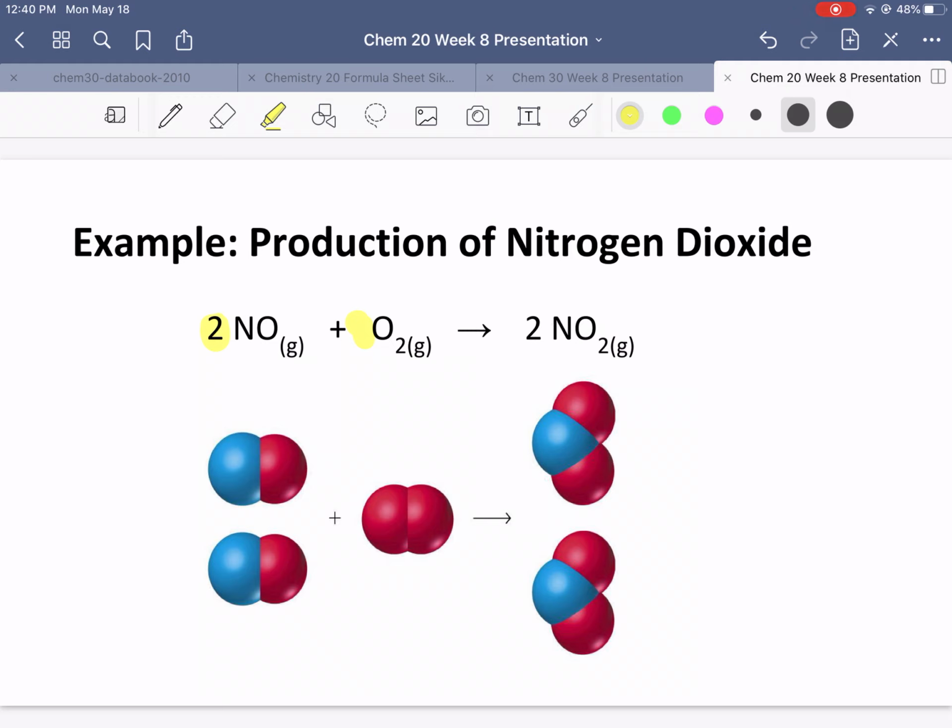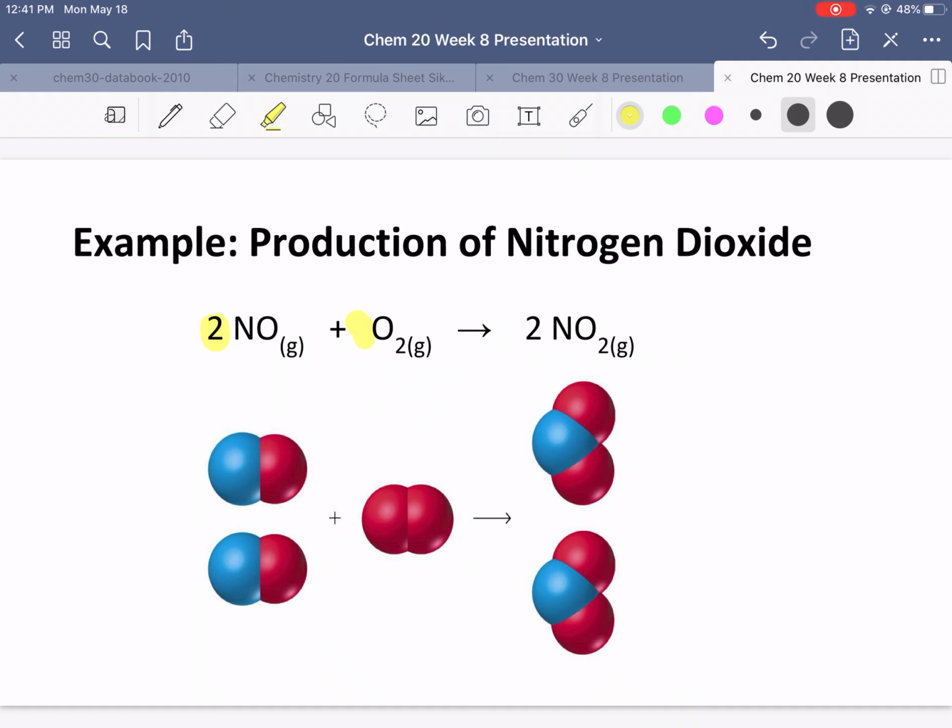That means you don't need exactly 2 moles of nitrogen monoxide. That means you always have to have twice as much nitrogen monoxide as oxygen gas. And the amount is what's doubled, not necessarily the mass. Be careful, the amount. We've been focusing on amount, which means number of moles, okay? Now, visualize this.